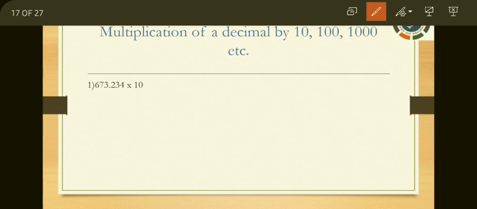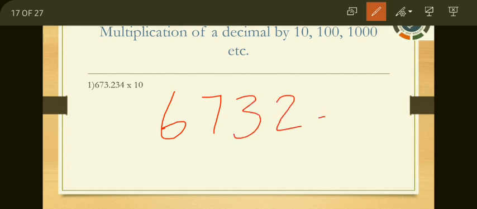673.234 multiplied by 10. Here how many zeros are there? 10, one zero. So the decimal point is shifted to the right by 1 digit. The question is 673.234 multiplied by 10.